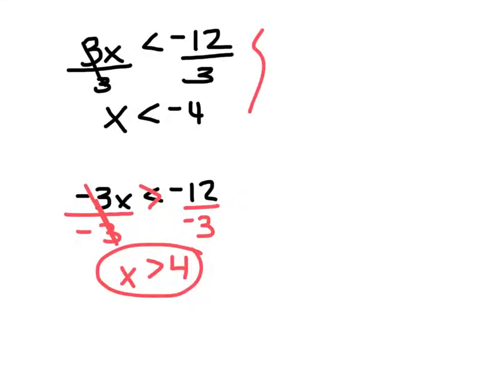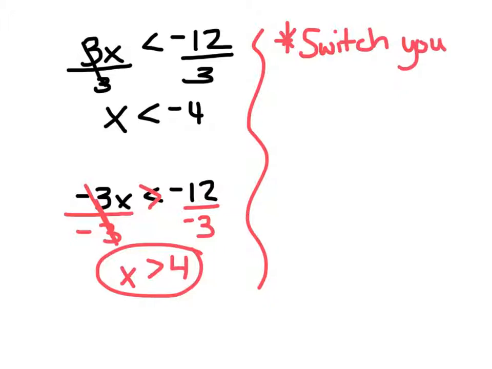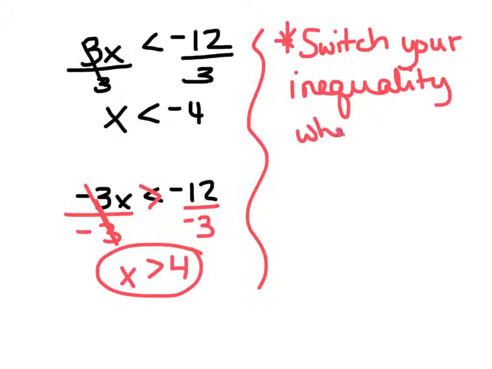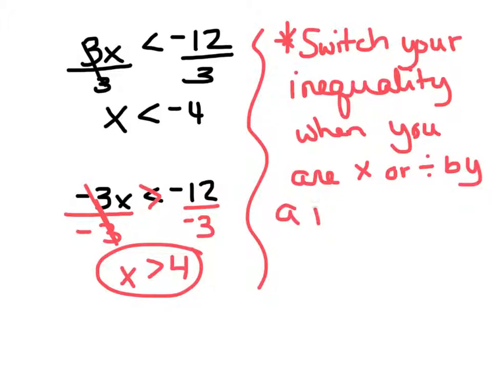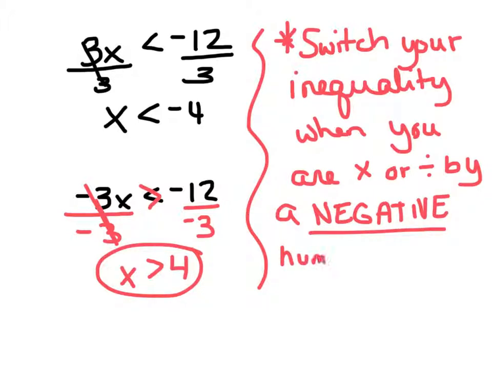So the key part of this is you switch or flip your inequality when you are multiplying or dividing by a negative number in the solving process.